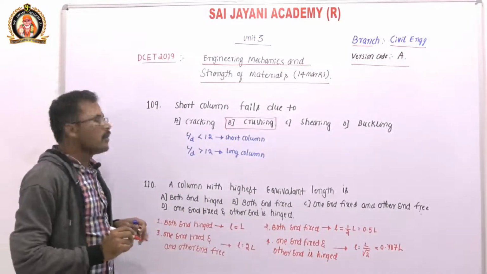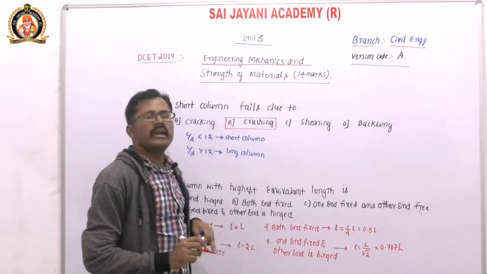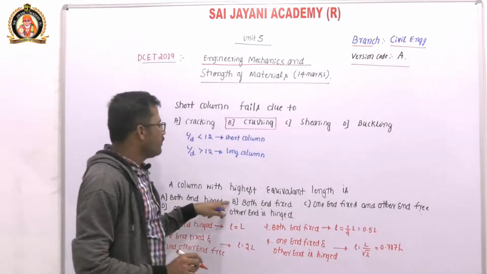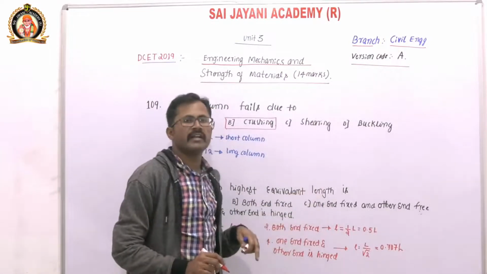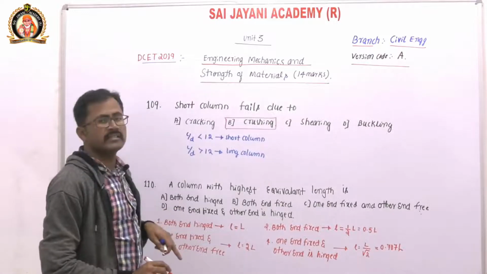Next question number 110. A column with highest equivalent length is: option A both ends hinged, option B both ends fixed, option C one end fixed and other end free, option D one end fixed and other end hinged.